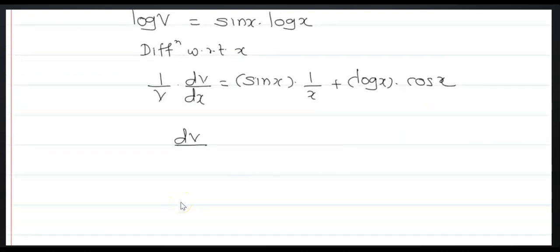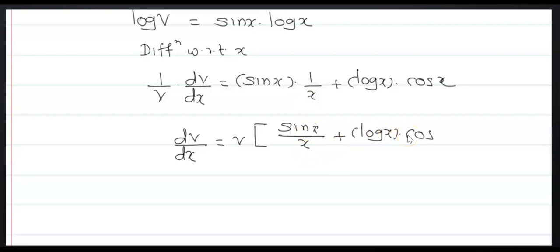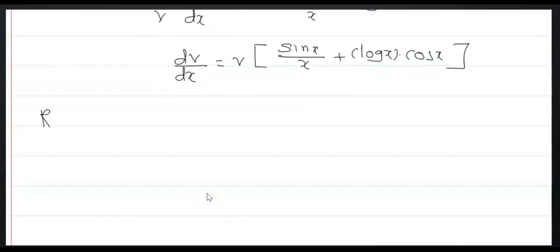Therefore dv by dx is equal to v into, in bracket, sin of x upon x plus log of x into cos of x. Substitute the value of v. What is v? v is x raised to sin x.